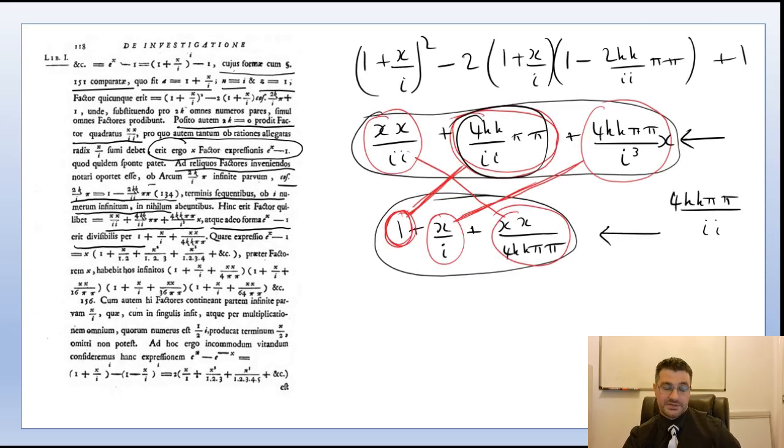Rather than having this weird constant term 4kk over i times pi pi, he rescales the factor so that we've got a 1 as the leading term of the factor, the constant term of the factor. Okay, so he rescales every single one. That's the justification for it. Again, how are you supposed to know to do things like this?